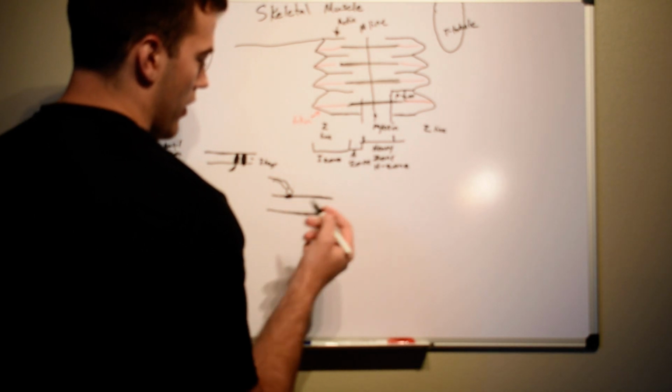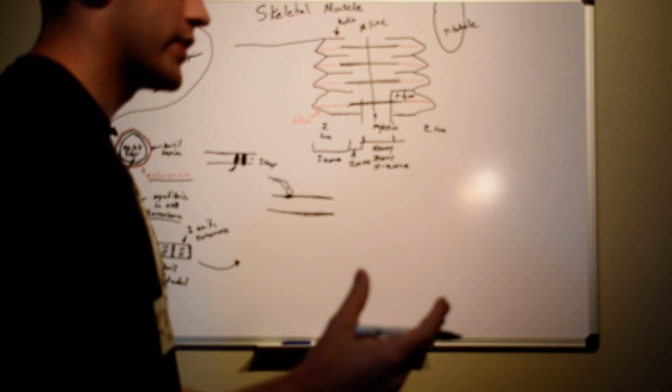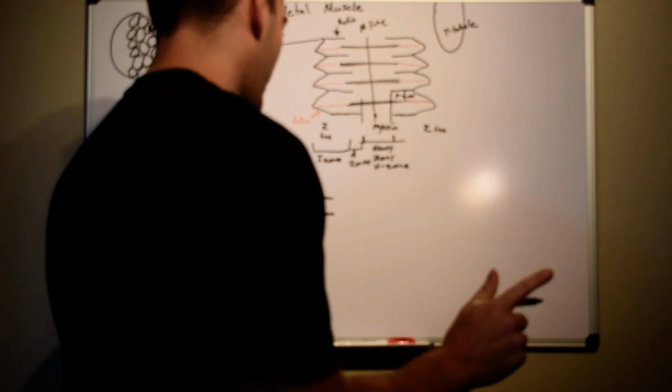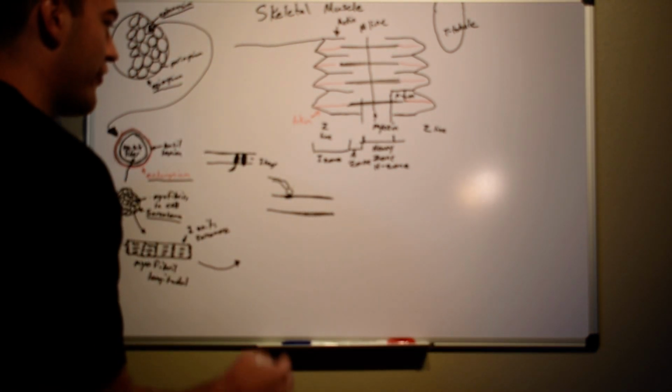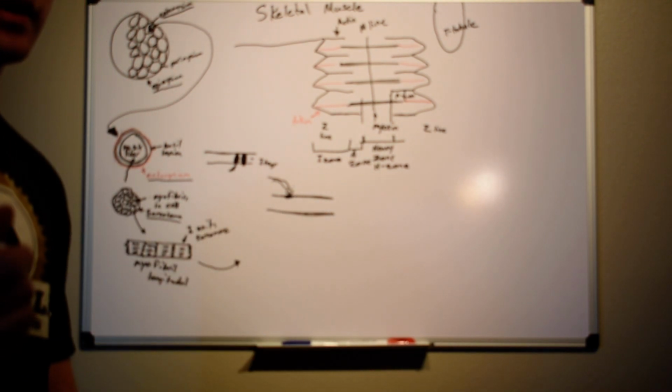So right there would be the motor end plate. In the motor end plate is a bunch of receptors, and we went over those receptors. Those are nicotinic type 1 receptors for acetylcholine, which gets released from this synapse because this is the somatic nervous system, right?